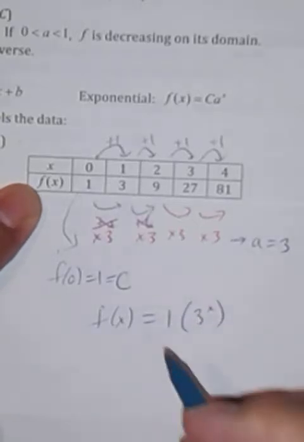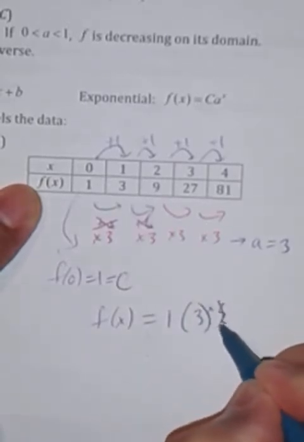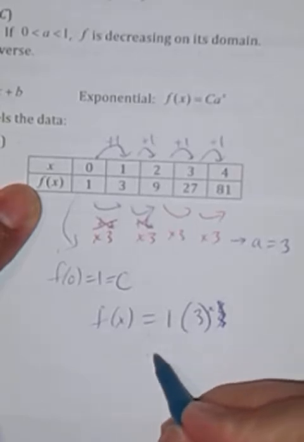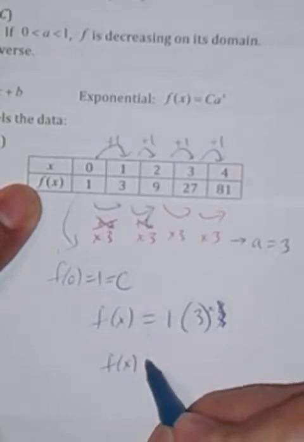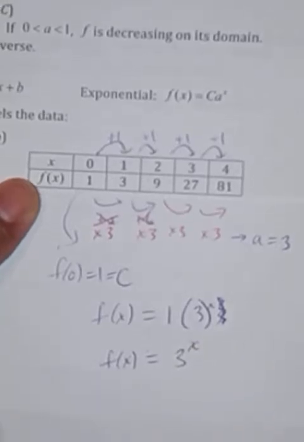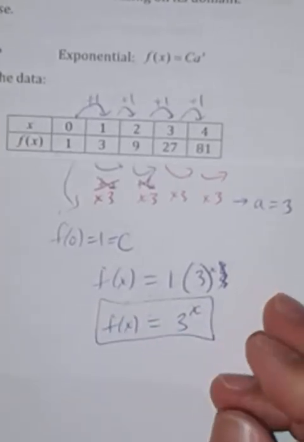And whenever it's a 1, we don't need to write it. So we can write this as f of x equals 3 to the x power, and I can leave it like that without any parentheses. So there's my answer for that one.